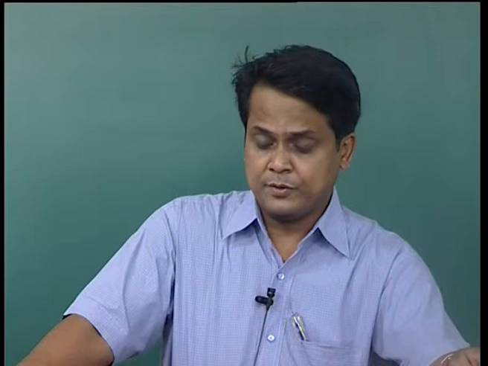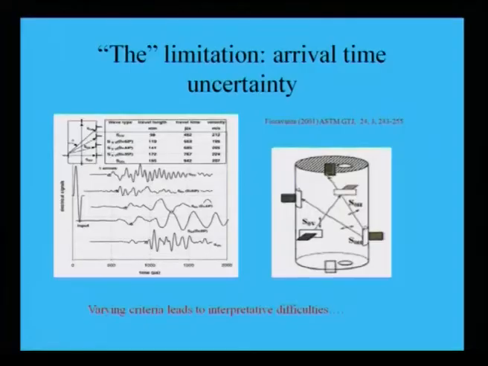If one bender element is provided here, this is your source and this is your receiver. Instead of traveling directly, it may travel in this way. Who knows, if this arrival time is fast, then that arrival time will be later. So, this is one of the limitations, that there is uncertainty in arrival time.